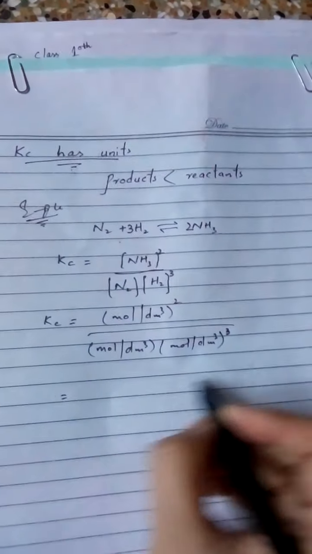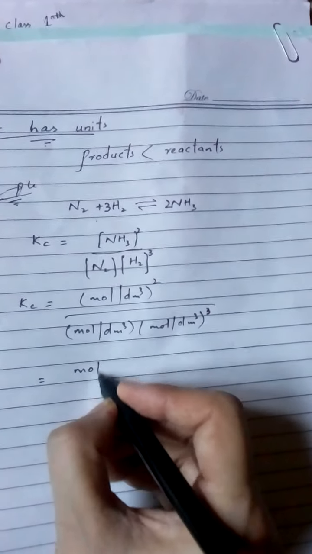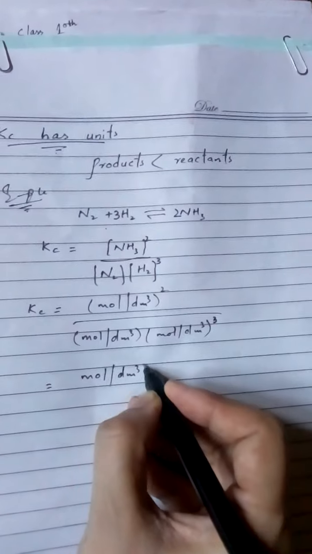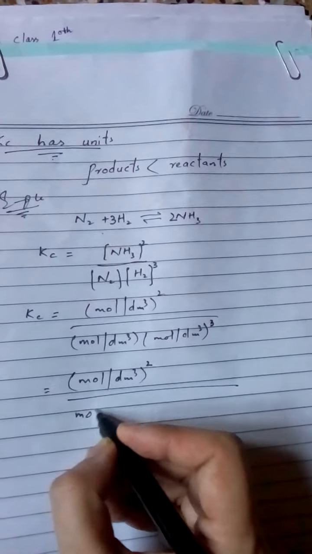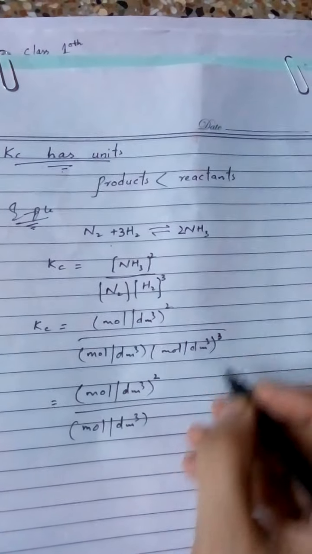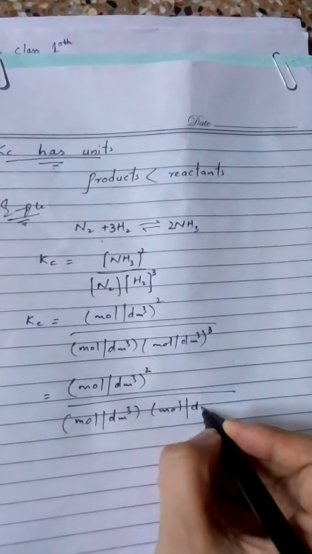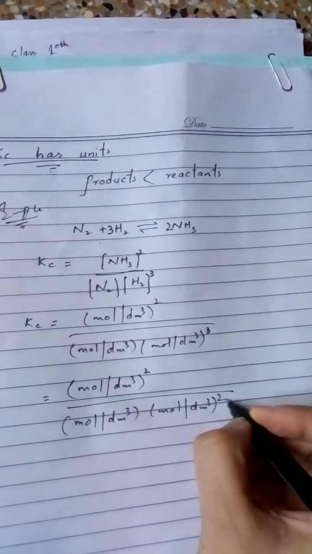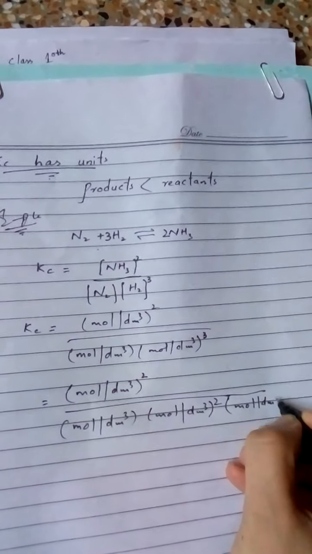Here to solve this expression we will write mole per decimeter cube to the power 2 divided by mole per decimeter cube whole cube, which we can write in this way: mole per decimeter cube square into mole per decimeter cube.